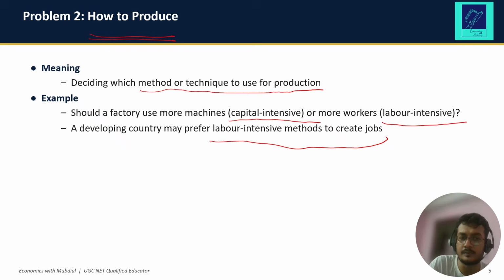They are both producing essentially the same service, food for customers, but their technique of production is different. That's how to produce.